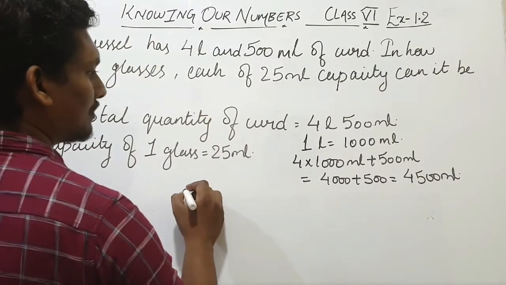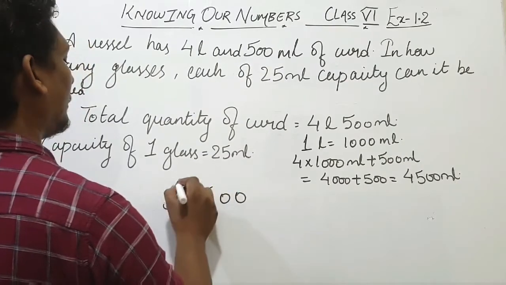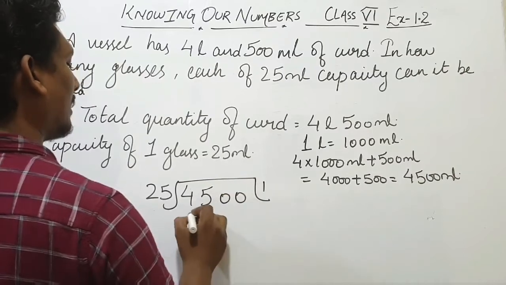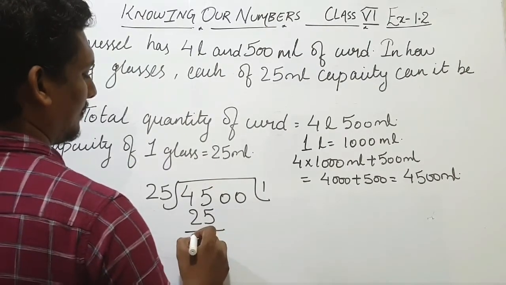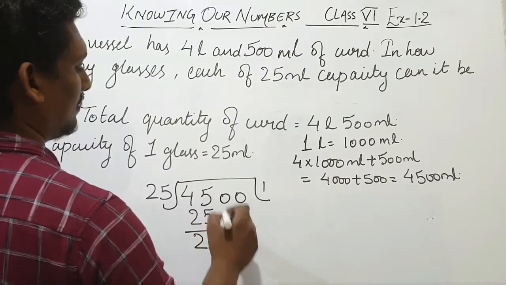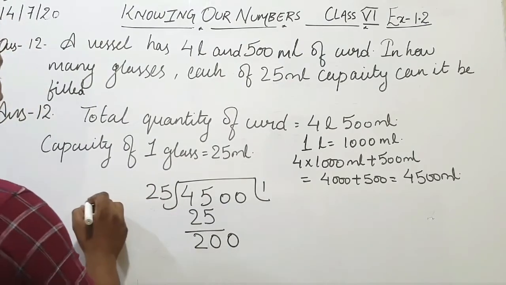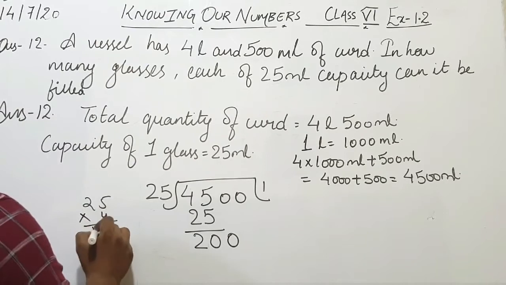So again, let's do the division. 4500 divided by 25. 25 ones are 25. Okay, so the balance is 2, 0 and 0.